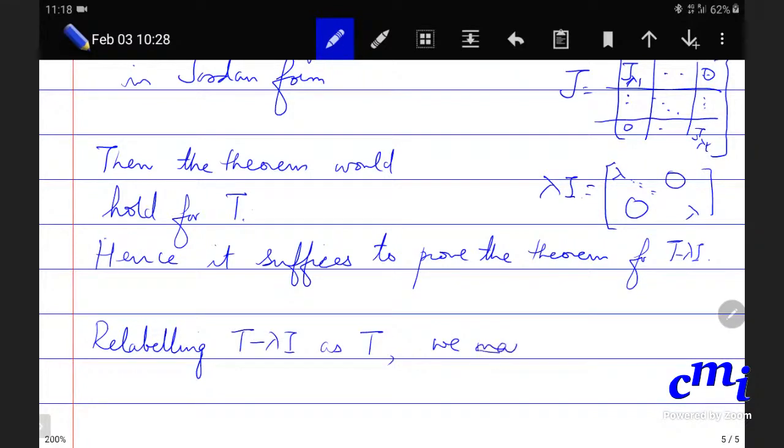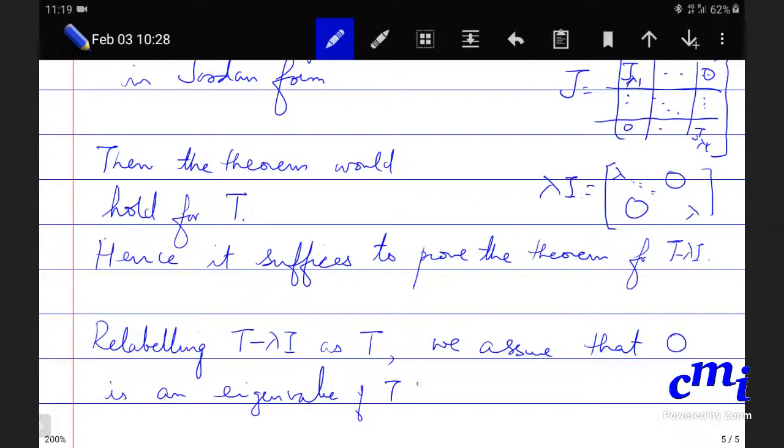We assume that 0 is an eigenvalue of T. In a more formal way, what we are saying is that if we can prove the theorem for all operators which are not injective, which have a non-zero kernel or null space, then we can prove it for every operator.